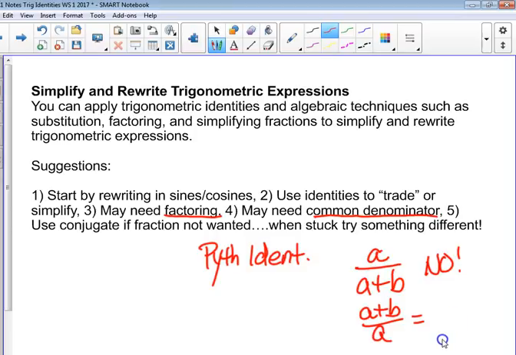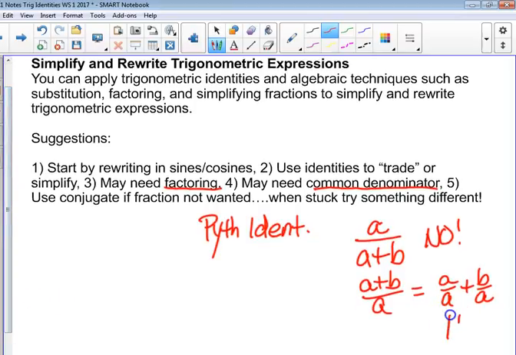How could I rewrite that? A over A plus B over A, which could be rewritten as 1 plus B over A. But this, you can't do that too. You can only do that when there's a single denominator. You can put it under each one. All right. Those are my hints.